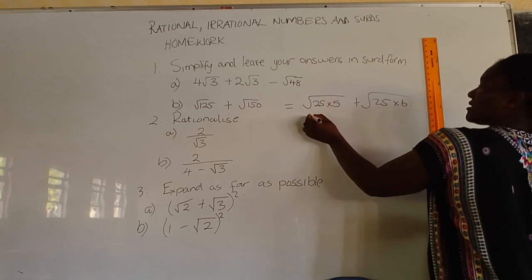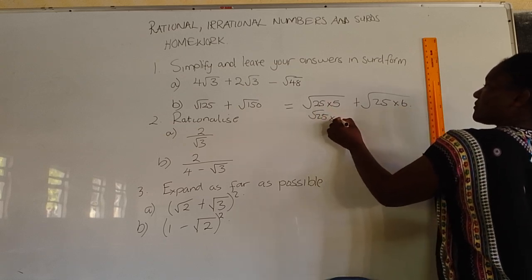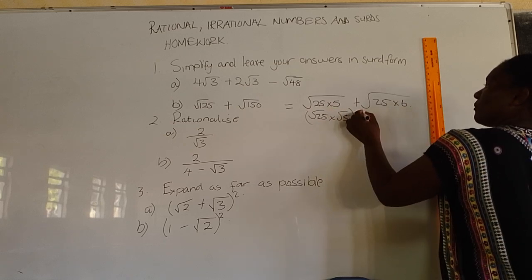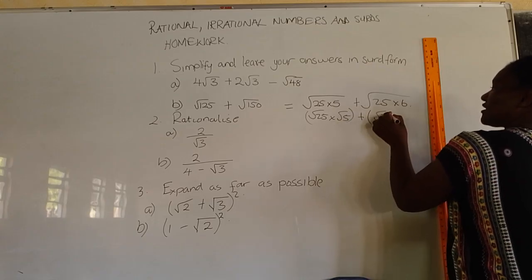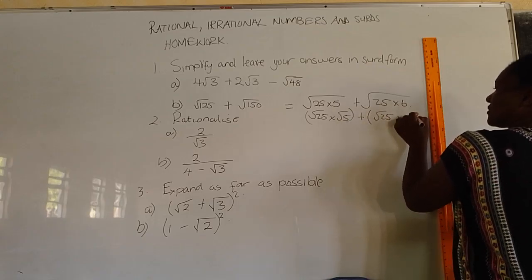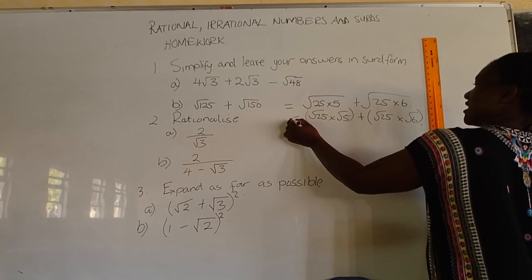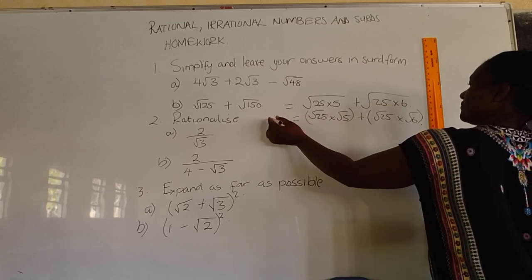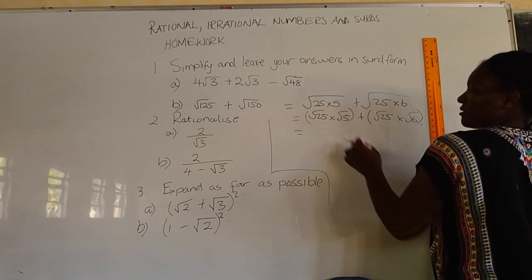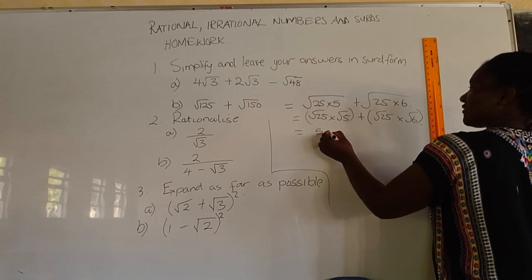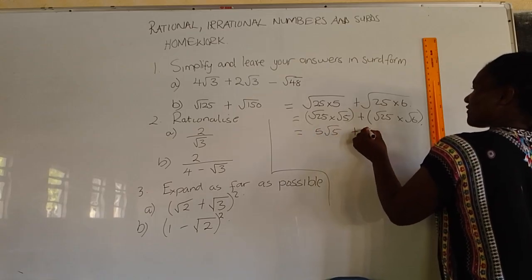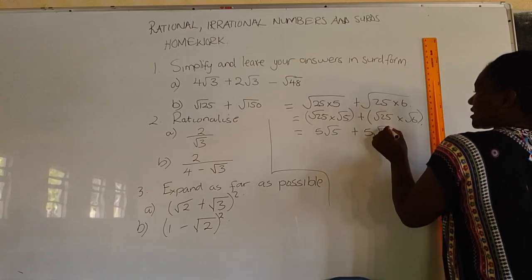So it's root 25 times root 5 plus root 25 times root 6. So it's now root 25, it's 5 root 5 plus 5 root 6.